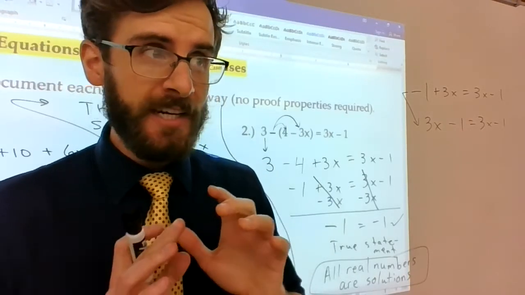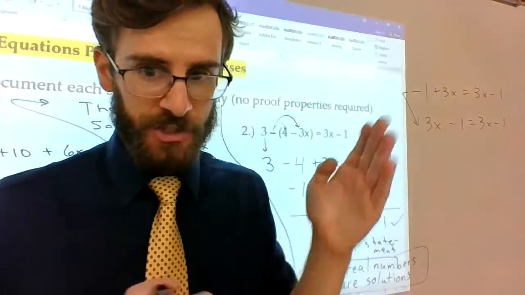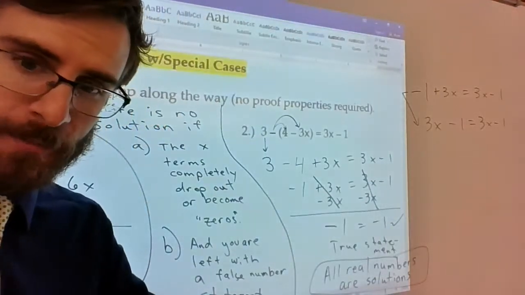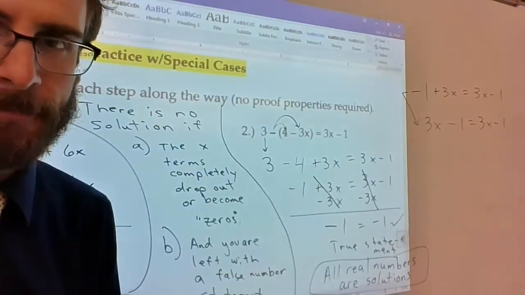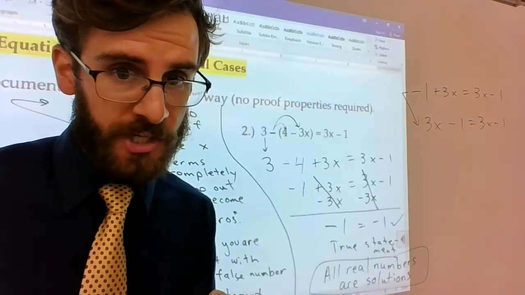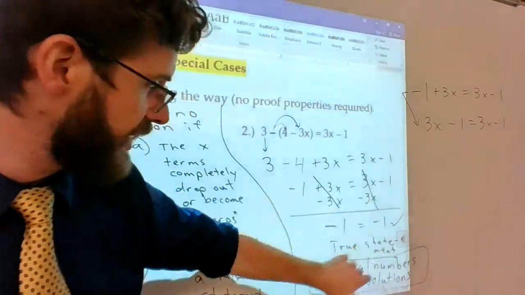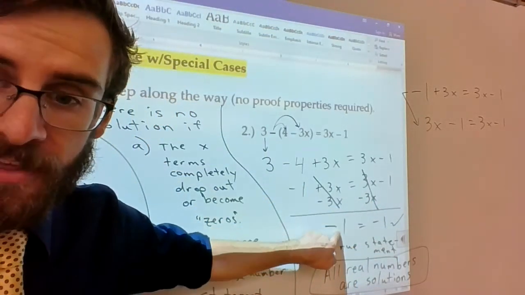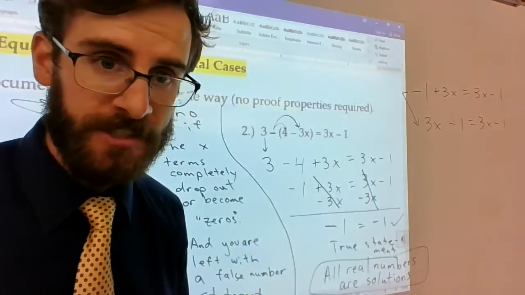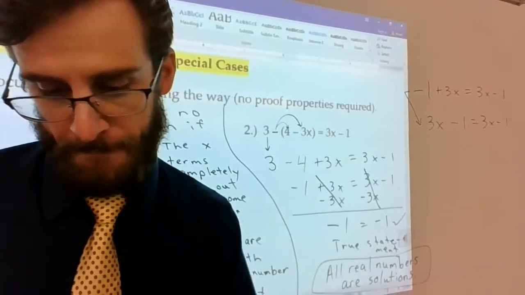So we kind of have to discern between real numbers and imaginary ones. All the real numbers in the number system make this a true statement. So there's our second special case. All real numbers can be solutions if the x's completely drop out. You're left with 0x. And you're left with, hey, negative 1 does equal negative 1. That's a true statement.